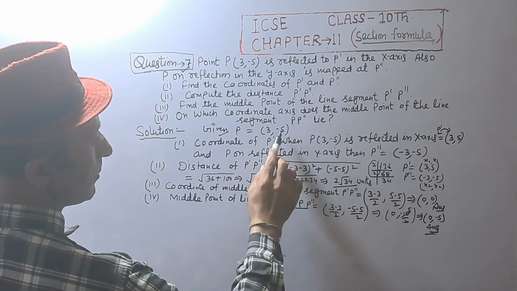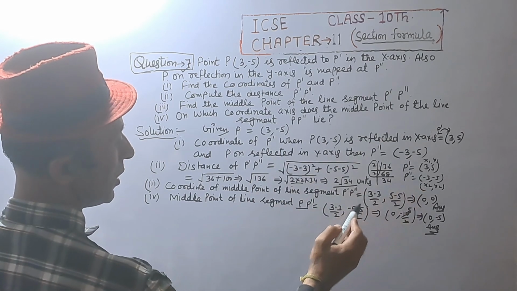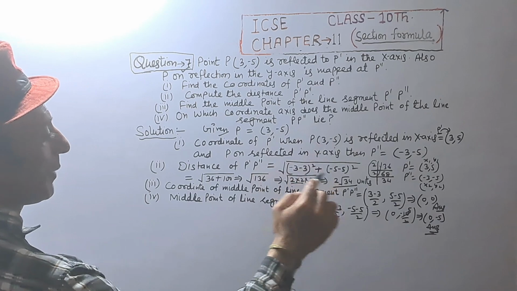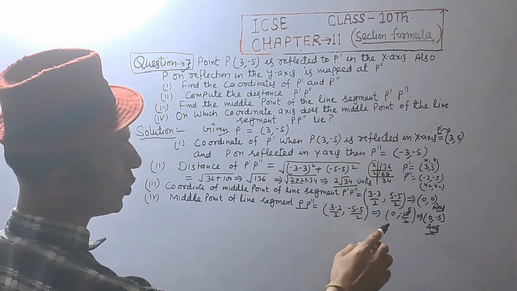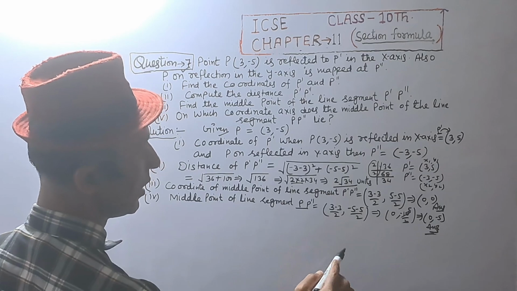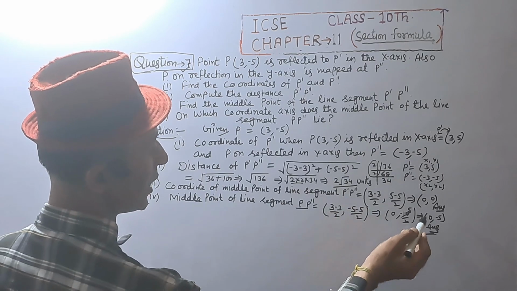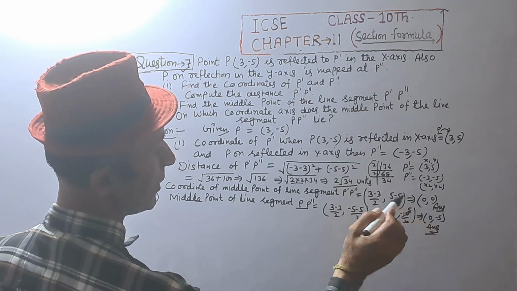And minus 5 minus 5 is equal to minus 10, and minus 10 divided by 2 is minus 5. And we get the required point equal to (0, -5). Answer.